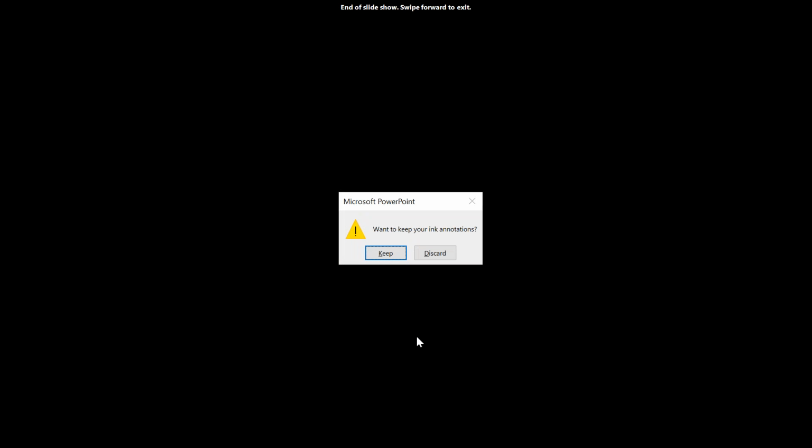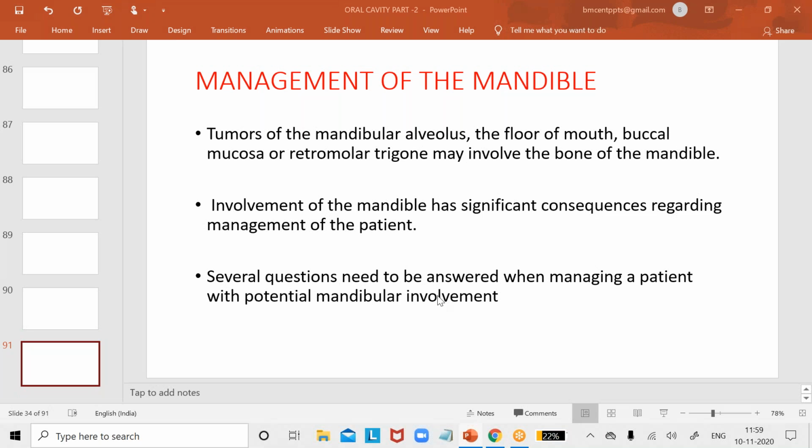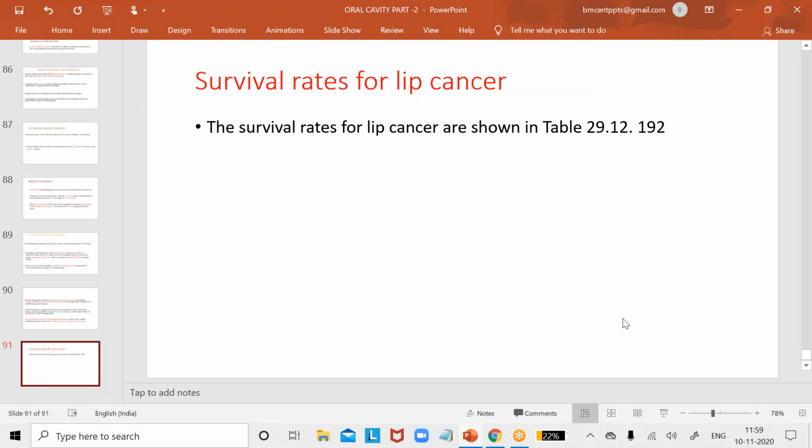With this we complete this topic. As you could see, this is very simple. You have understood many options about oral cavity tumors. As we have seen, we have number 1, buccal cancer; number 2, floor of the mouth cancer.